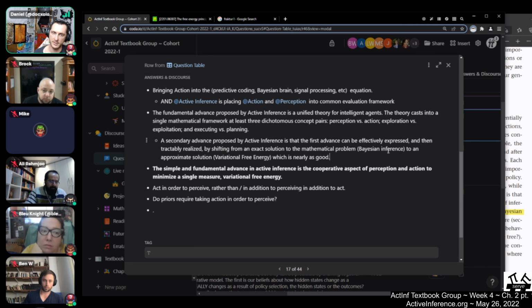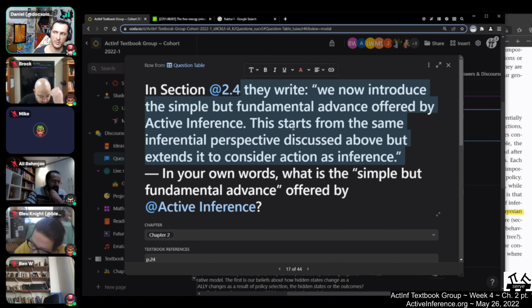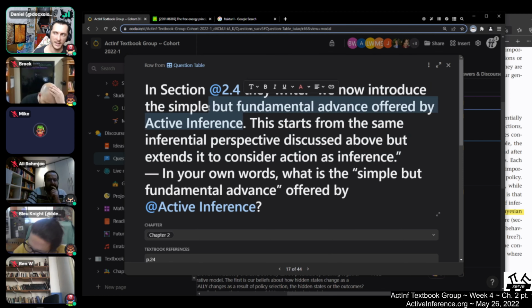Bayesian models of action are not introduced by active inference. So it's about finding what has been done to understand what is being offered, and then whether one chooses to take this history of science, development of science view, or we just want to state plainly what it is without wondering what the advance relative to other frameworks is.